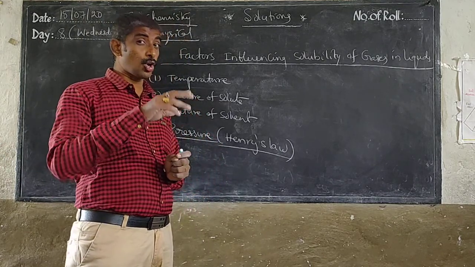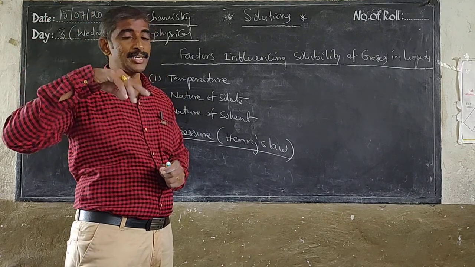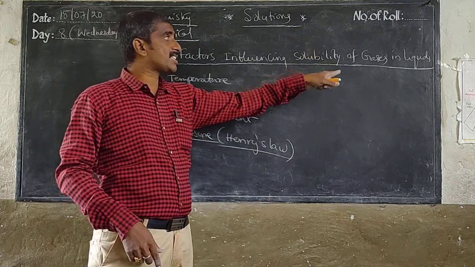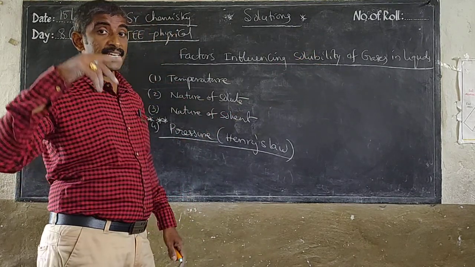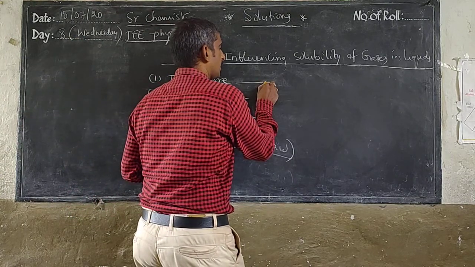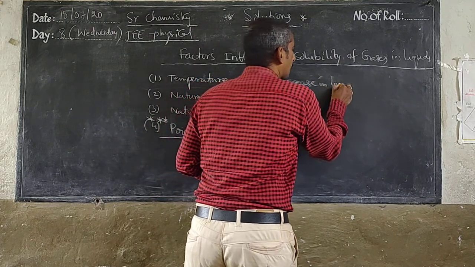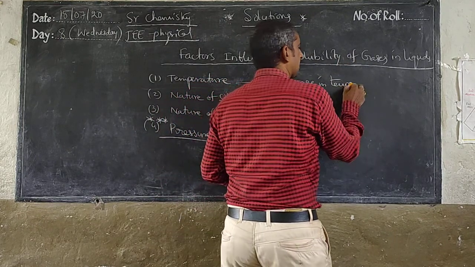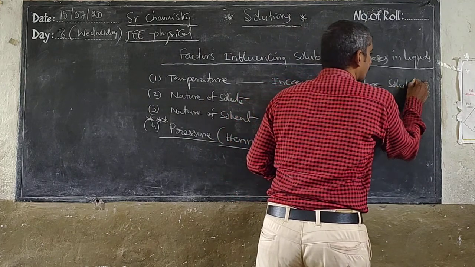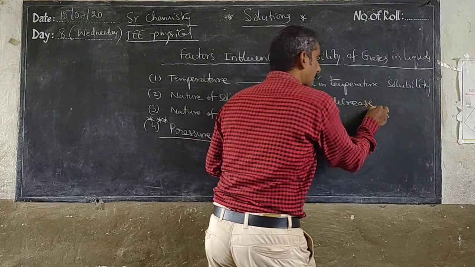Before, I explained solubility of solids in liquid: as temperature increases, solubility increases. But for solubility of gases in liquids, as temperature increases, solubility decreases. Why?